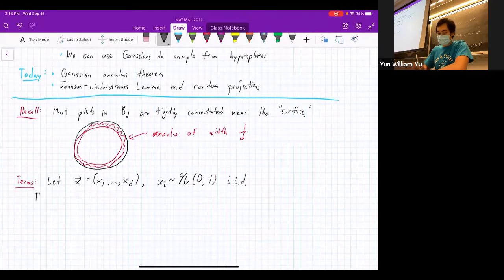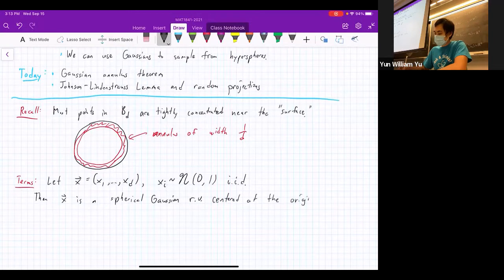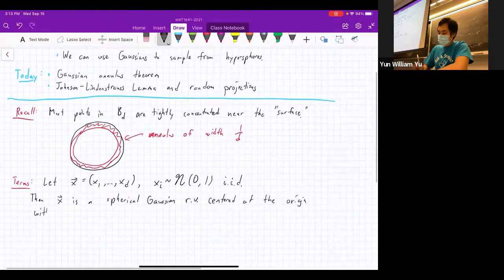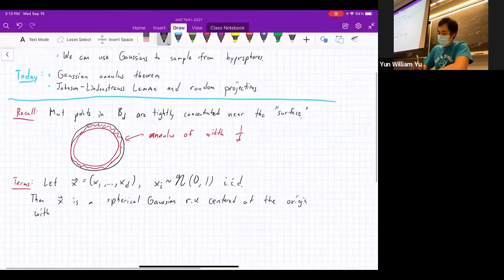If that's the case, then we call x vector a spherical Gaussian random variable, centered at the origin with unit variance in every direction.